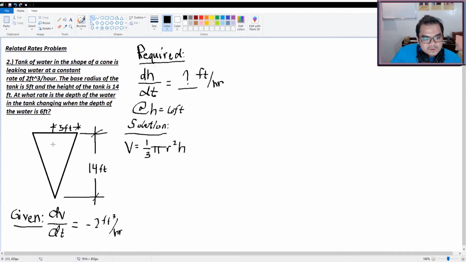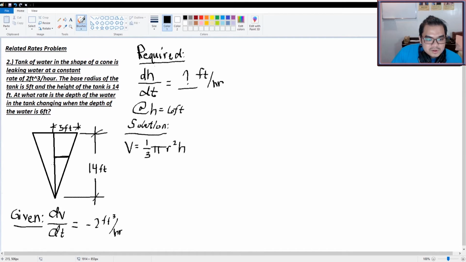Now, let's say this is the center, right? If that is the center, that is 5 feet. Now we are asked to find at 6 feet, right? So if that is 6 feet, the water must be around here.